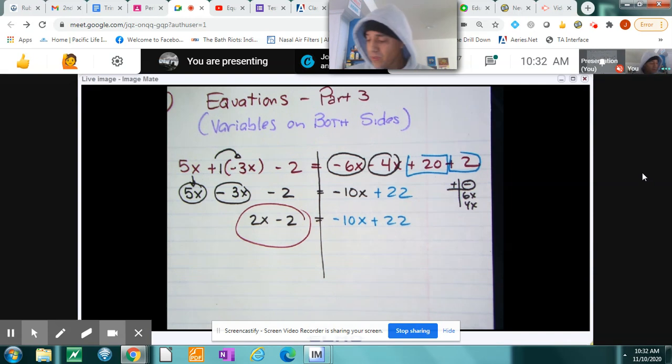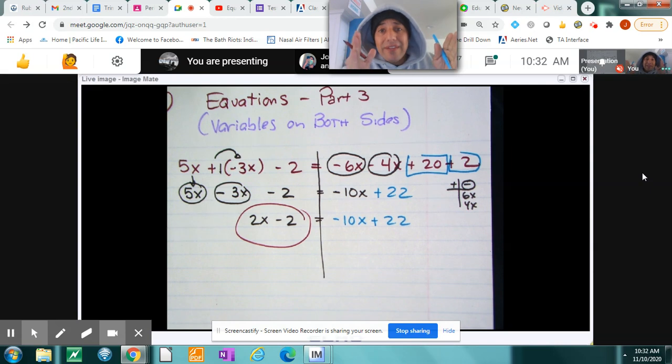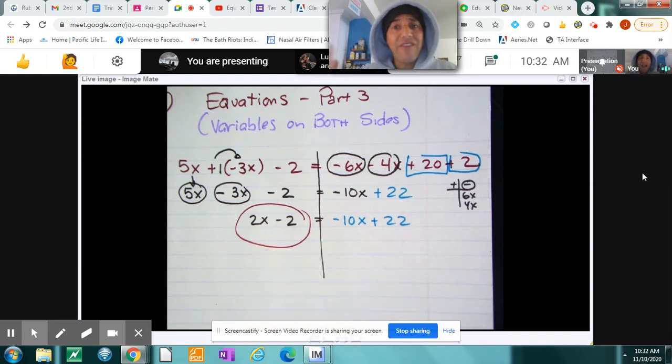But now you have x's on both sides. So now you want the terms with the x on one side, and the constants, the numbers without any letters, on the other side. That's what you want, because then you're going to be able to divide. So now there's like 8 different ways to do this.